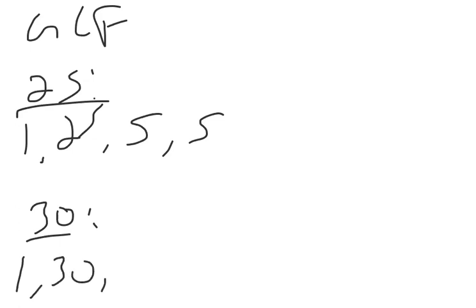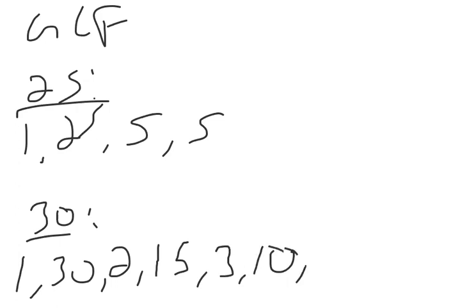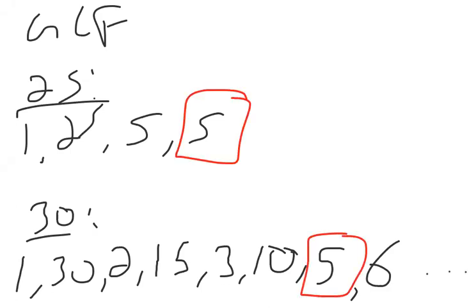You could do 2 and 15. 3 can go into it, 3 and 10. 4 unnecessary, 5 and 6. Look, 5 and 5. That is the greatest one, that's common at least. So that's your answer. And you do that for the other ones, and that's about it.